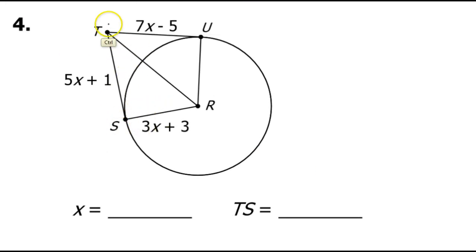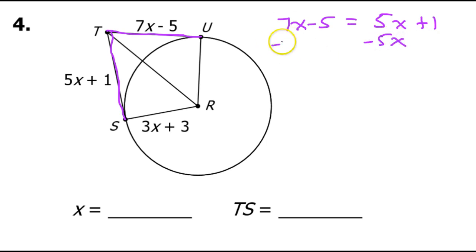Again, the first thing we're going to do is set the two tangent segments that meet equal to each other, because they have to be congruent. So that means that 7x minus 5 is going to equal 5x plus 1.